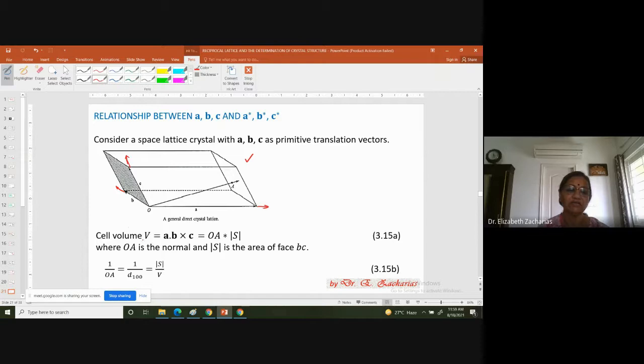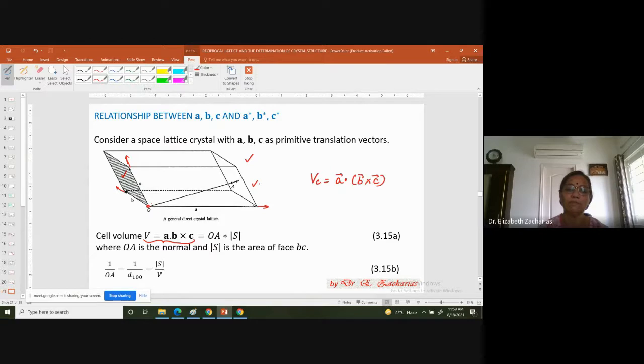Now, take one such cell and let us find the volume of the cell. From vector algebra, you know that the volume of this cell is a dot b cross c. But you can also talk about the volume in terms of a normal. So we will keep BC as the base of the cell and then draw one normal to the parallel plane.